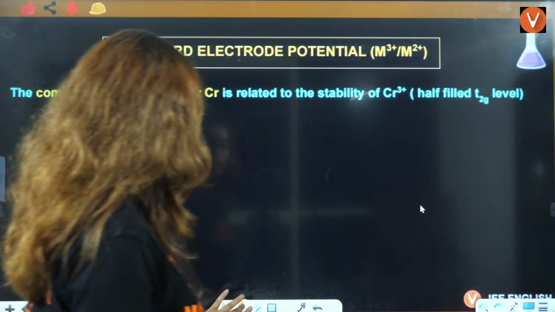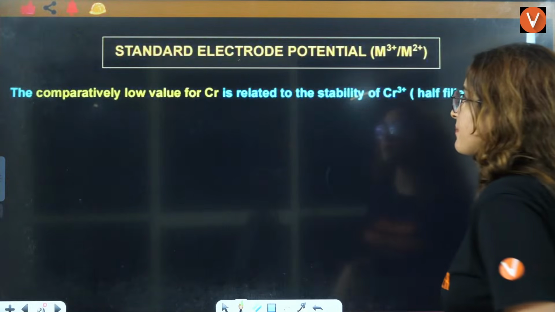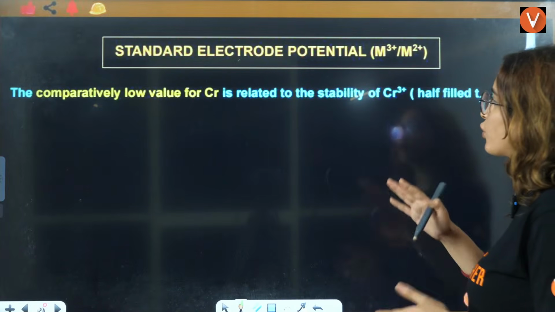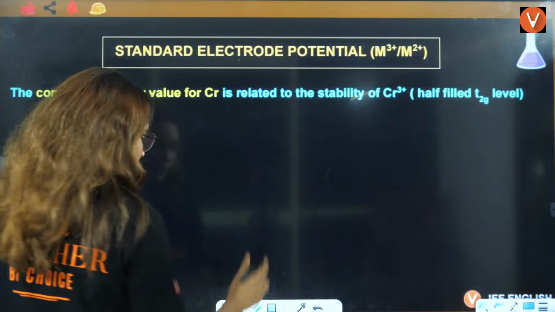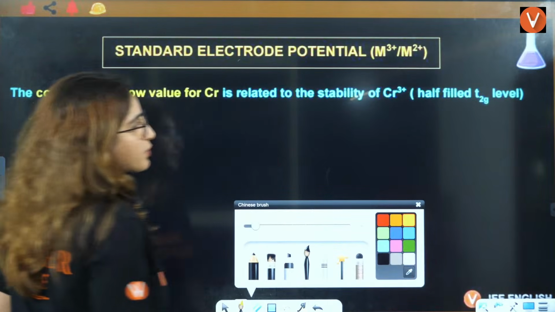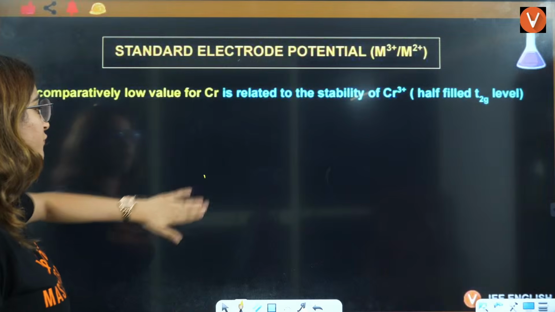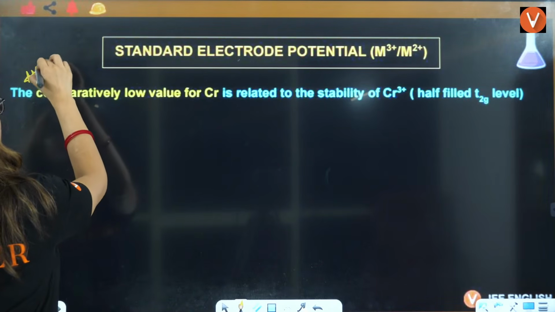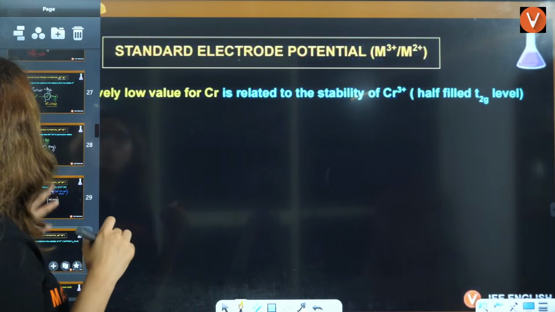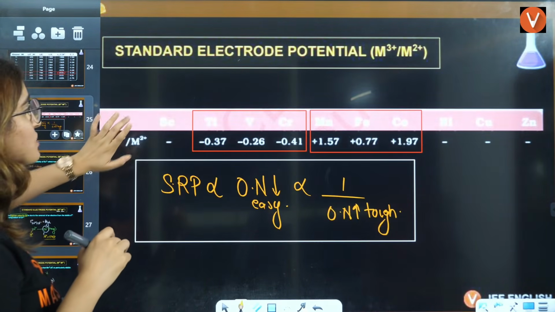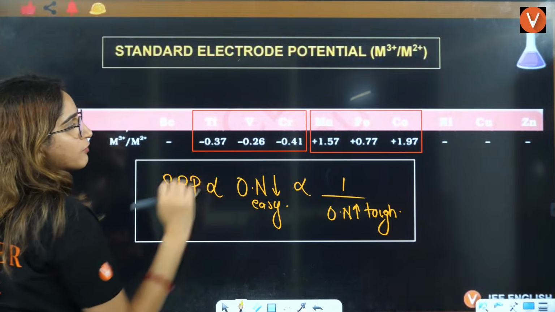Next is the comparatively low value of chromium, which is related to the stability of Cr3+. Now, if you talk about chromium, you can see it has a negative value.